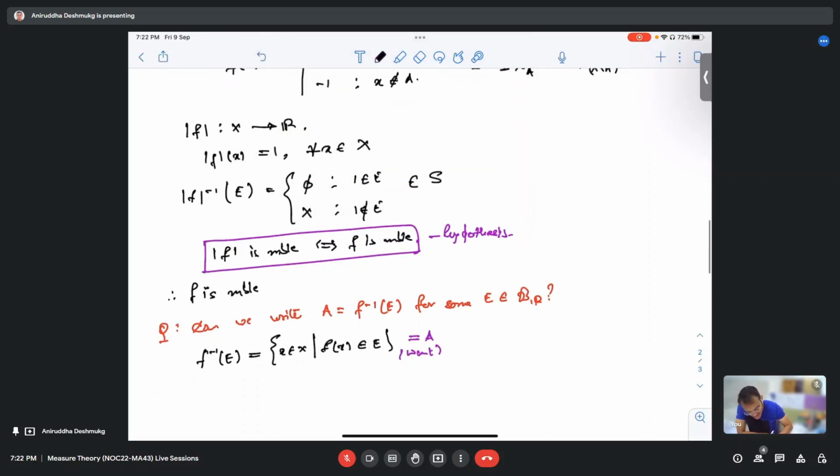It means that 1 must belong to E. So F inverse E is equal to A if and only if 1 is inside E. Now, what are all the sets that contain 1? Those should be Borel sets also. And in fact, minus 1 does not belong to E, because if minus 1 also belongs to E, then it would be A union A complement, the whole X would come out.